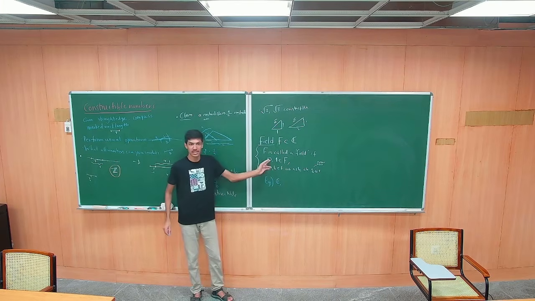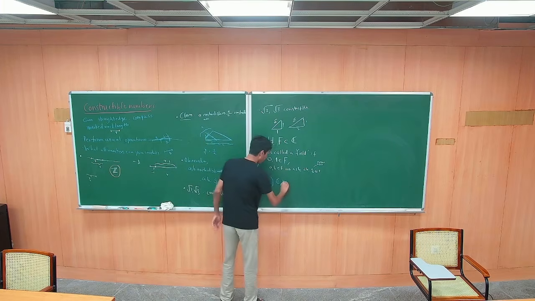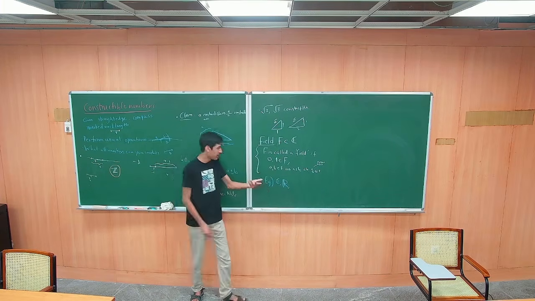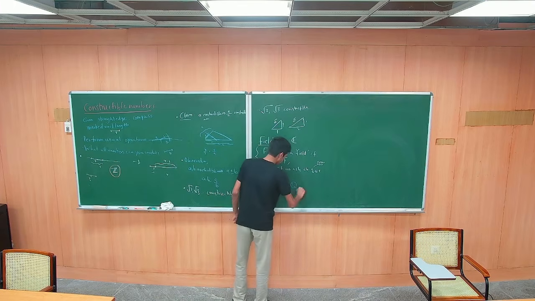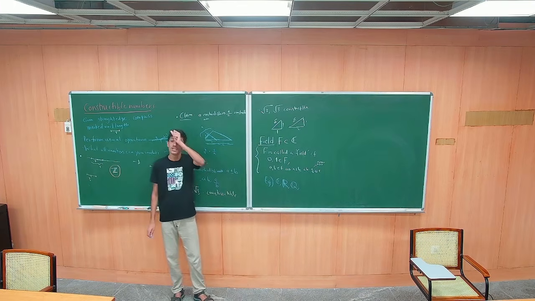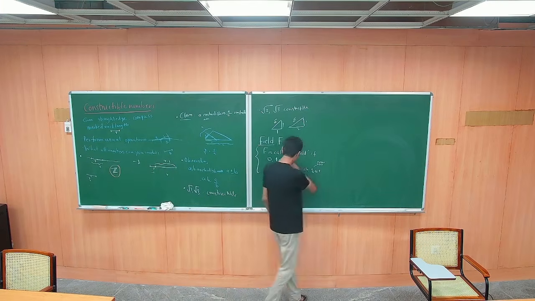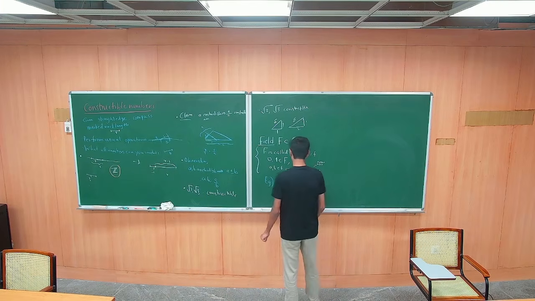So the most obvious field is first C. Obviously it satisfies this property. As you pointed out, the reals also form a field. You can check all of these axioms. Rationals also form a field. Is there any other field that you can give? You can join any rational. Right. So we will give one more field.